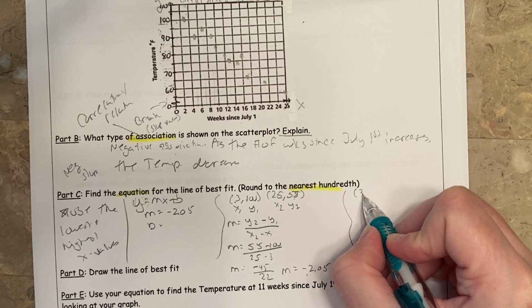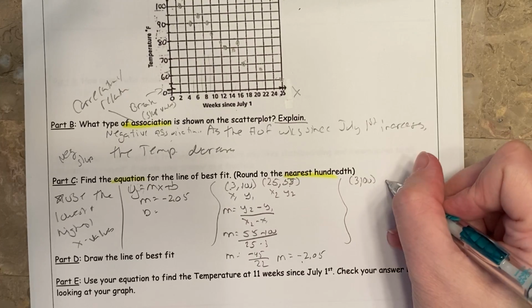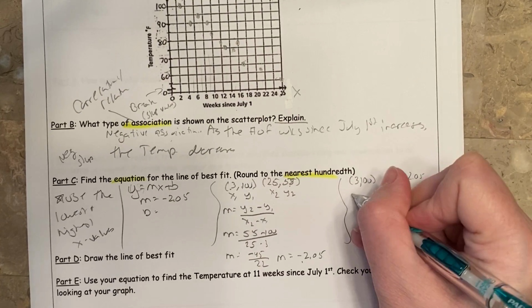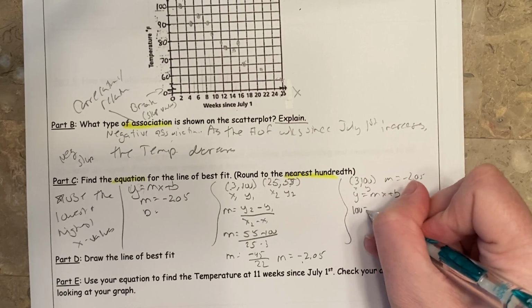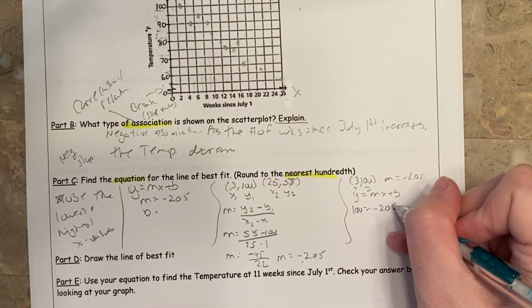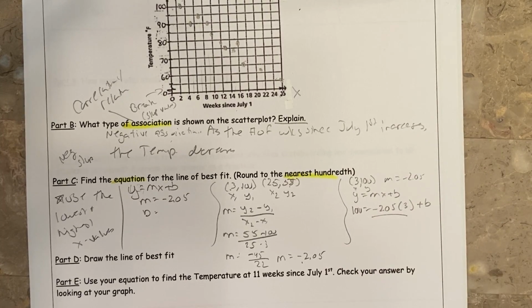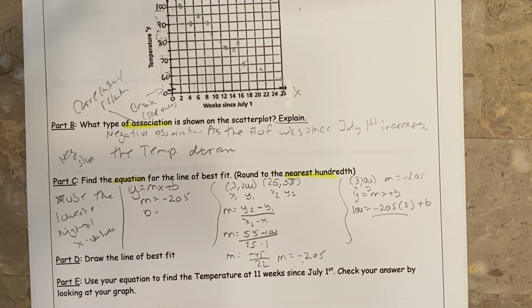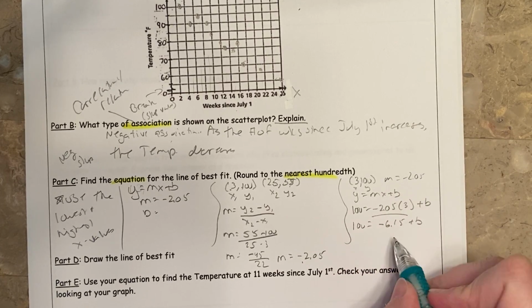All right, now we want to be consistent. To get the y-intercept, you're going to use your first point and your slope. So we have y equals mx plus b. You have 100, your slope is negative 2.05, and your x is 3. So multiply negative 2.05 times 3, and you get negative 6.15.